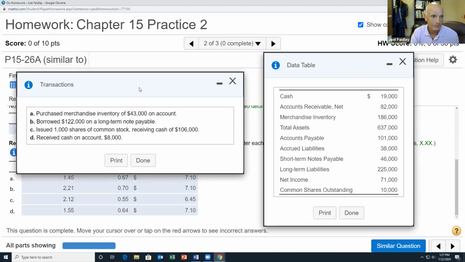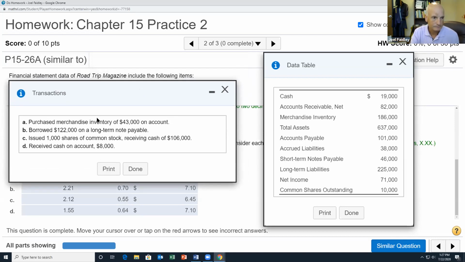All right. What about the next one there? Borrowed 122,000 on a long-term note payable. So what's happened to my numerator there? I've got 122,000 in cash, and you ignore the 43, you ignore what happened in that A, because we're back to square one. We're going to add 122,000 to the 287 for my assets, but then the denominator, current liabilities, don't change. That's a long-term liability.